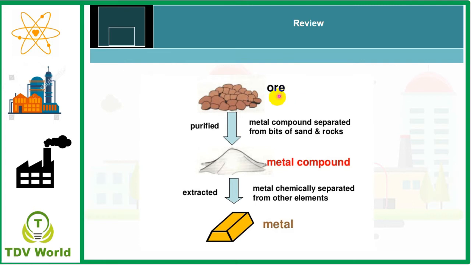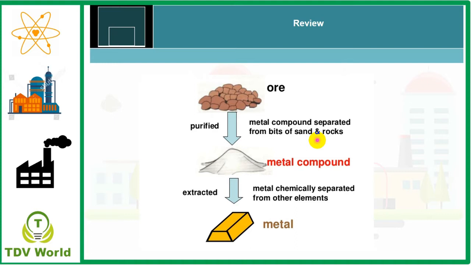So you have got this ore. What you did first, you purified, right? You concentrated this ore. And what does concentrate mean? The concentration of ore is the process in which we purify, we eliminate the gangue particles.